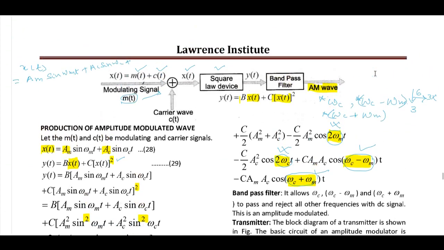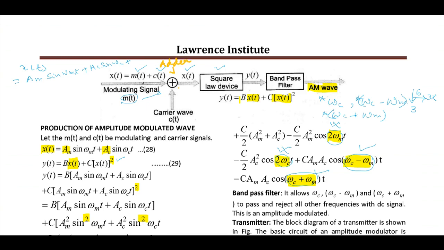Now, I will again go to this block diagram. Starting from the beginning, this plus is just an adder. I will write it here: adder.